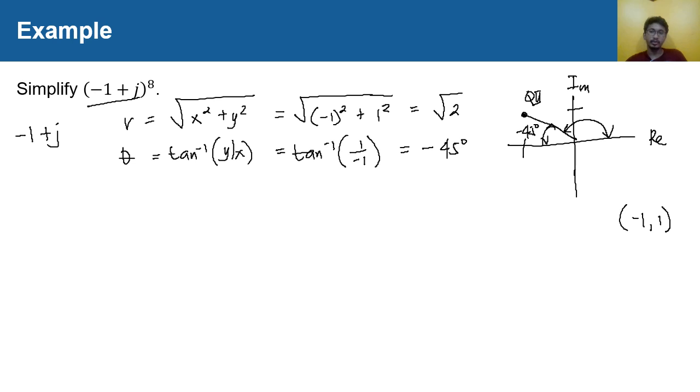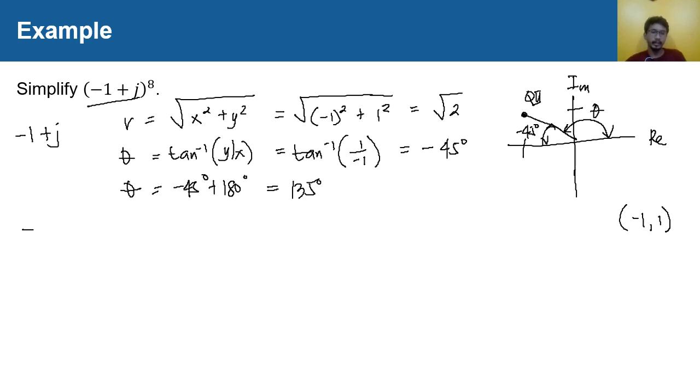So to get this angle theta, we need to have theta equal to negative 45 plus 180 degrees. So this is now equal to 135 degrees.